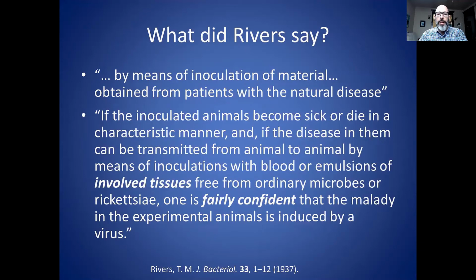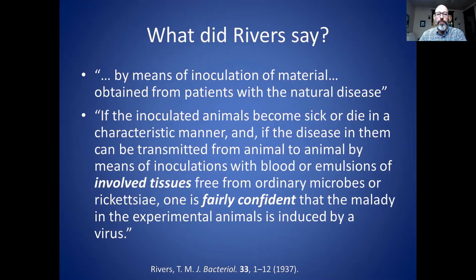He also said something very important about how you prove the criterion where you put the isolated virus into a healthy person and cause the same disease. And what he said is, by means of inoculation of material obtained from patients with the natural disease. Okay, so not something made in a laboratory, but from another patient with the natural disease. That's very important.